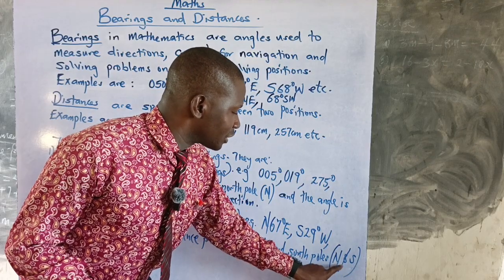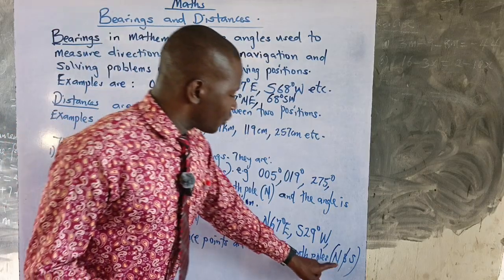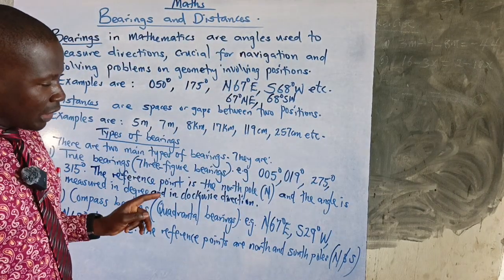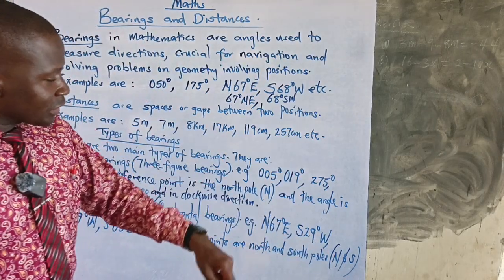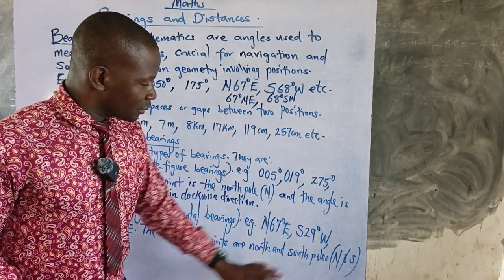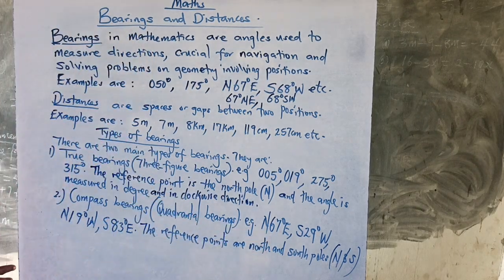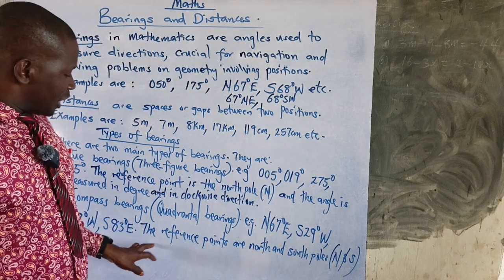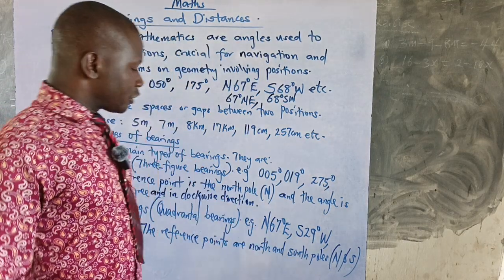If you are using north and east, that means you move in the clockwise direction. But if you are using north and west, you move the other way around. So this can be clockwise and can also be anti-clockwise. It depends on the angle that we are giving. So the angle we are giving here determines whether you move in clockwise or anti-clockwise direction. But here, the reference point is always either the north or the south pole.